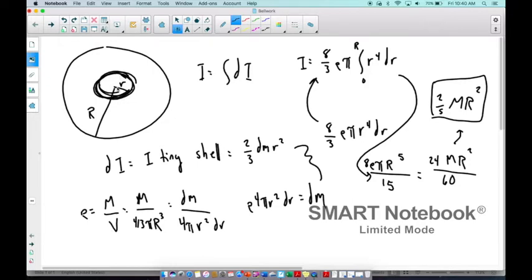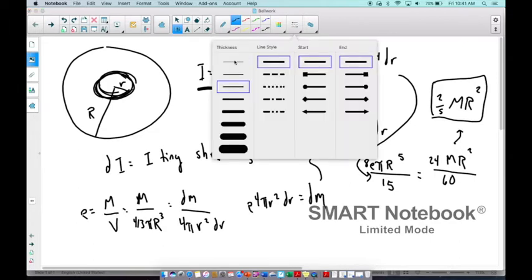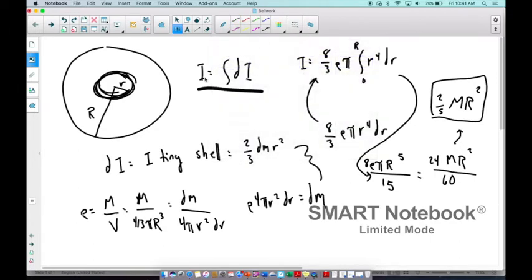So I can view the solid sphere as a collection of these shells going out from a radius of 0 to a radius of big R. So here I've drawn one of those shells, and I can use this idea once again, where the overall rotational inertia for the entire sphere is just going to be the integral of all the tiny rotational inertias of all the tiny shells.